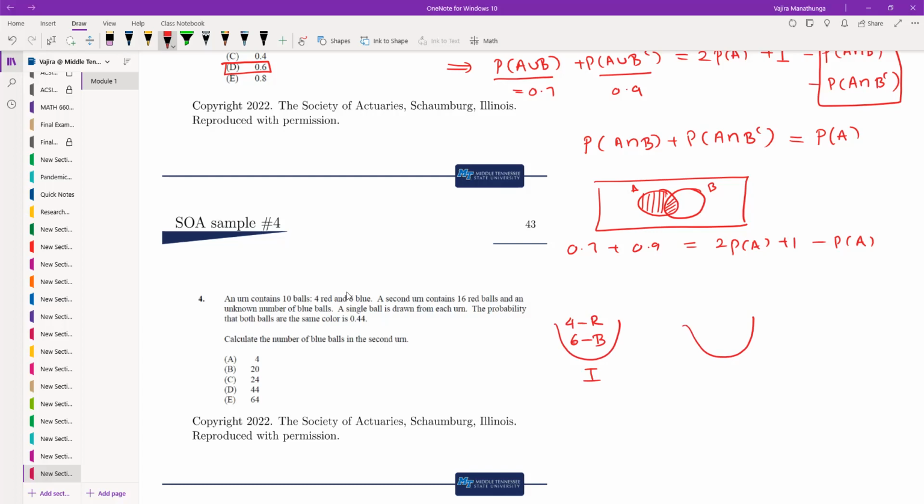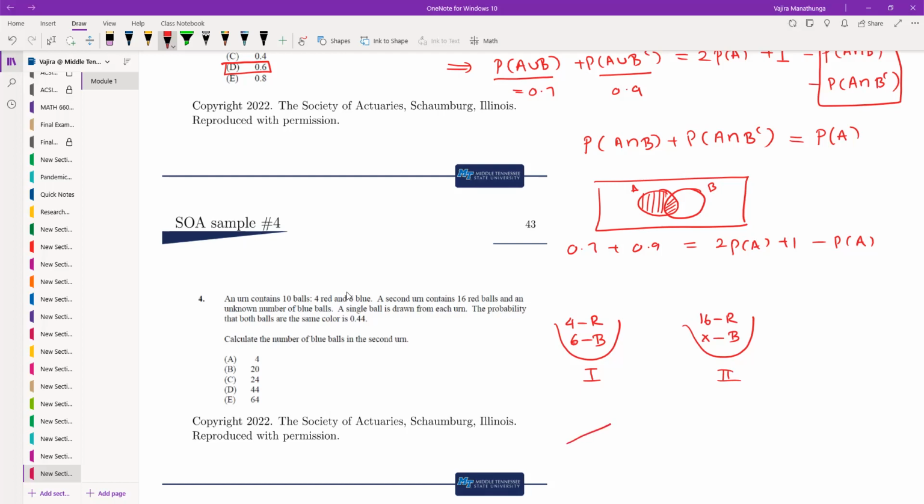And the second one contains 16 red balls and X number of blue balls. A single ball is drawn from each urn. The probability that both balls are the same color is 0.44. So we want to find X, the number of blue balls in the second urn.